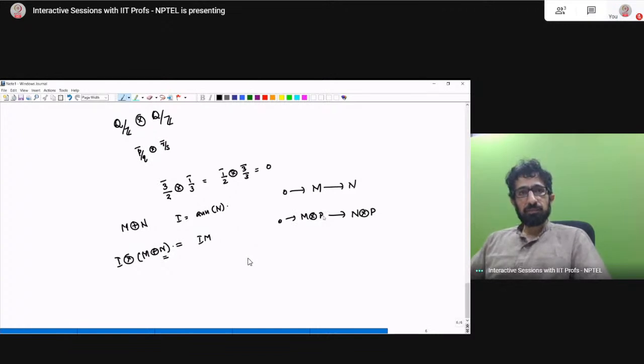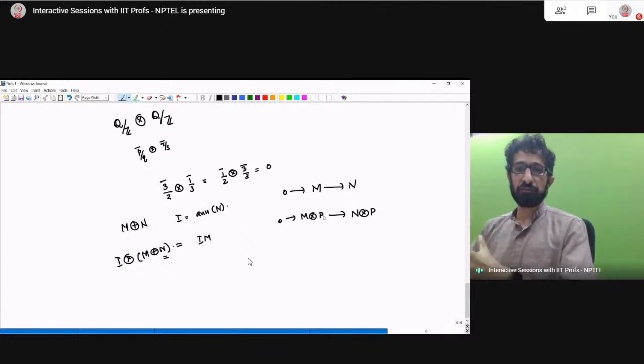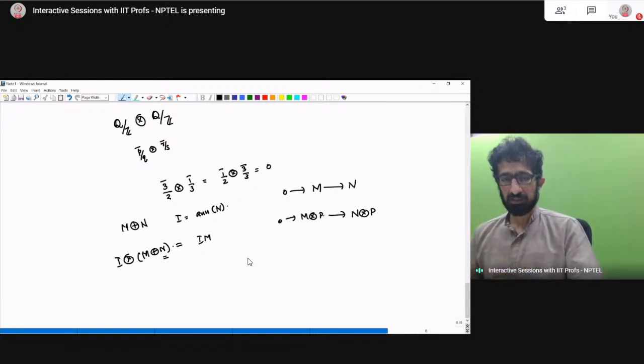When a module is faithful, there are lots of nice properties that hold. To understand the structure of P, there are lots of ways, even using tensor product and other tools. So whether a module is faithful or not can be found out using tensor products. That's one of the uses tensor product has.